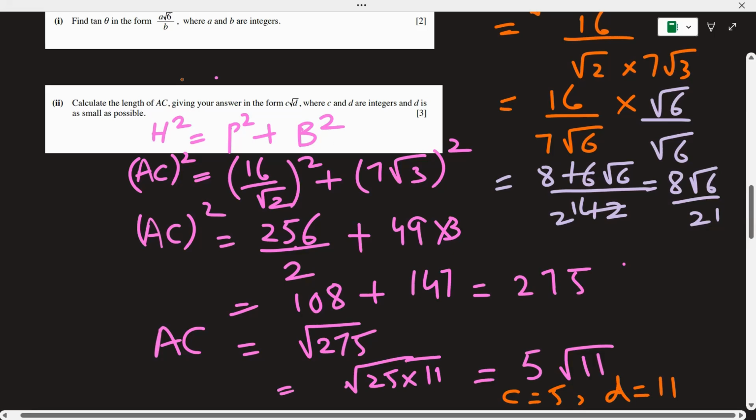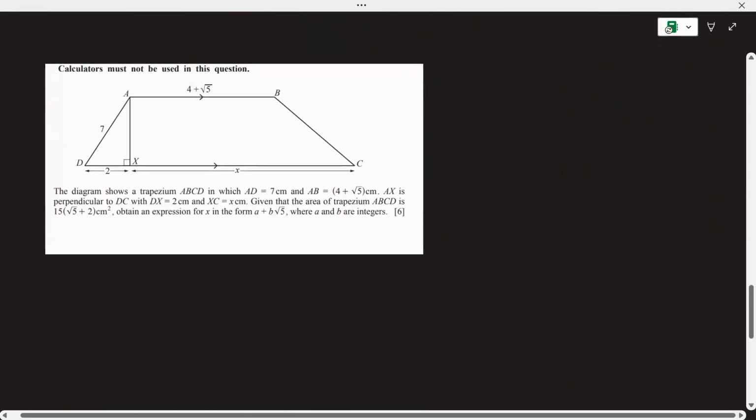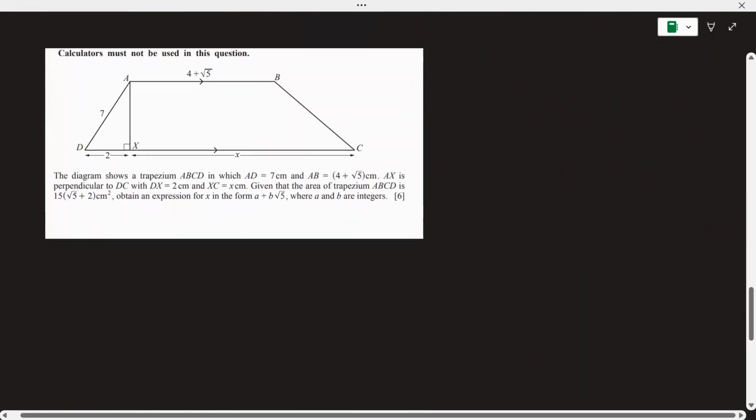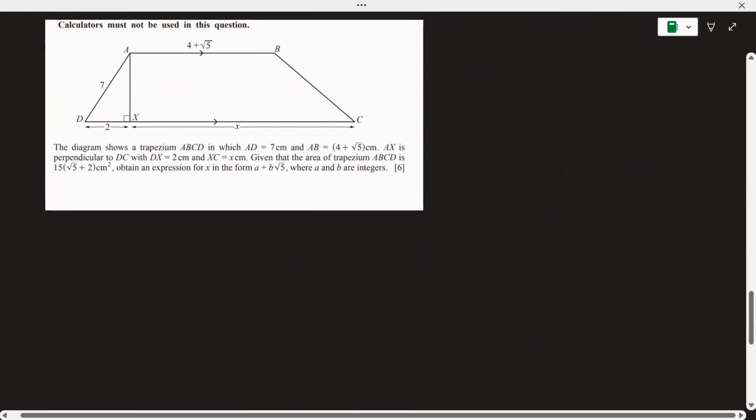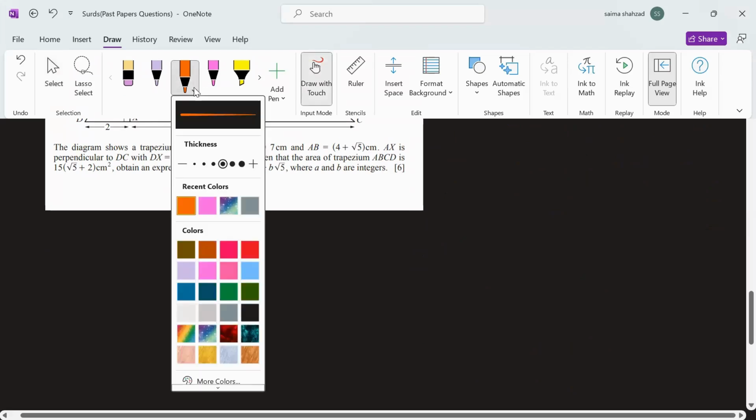Now we move to the next question. Now on your screen, you can see a diagram. The question is, calculator must not be used in this question. The diagram shows a trapezium ABCD in which AD is 7 centimeter and AB is 4 plus under root 5 centimeter.